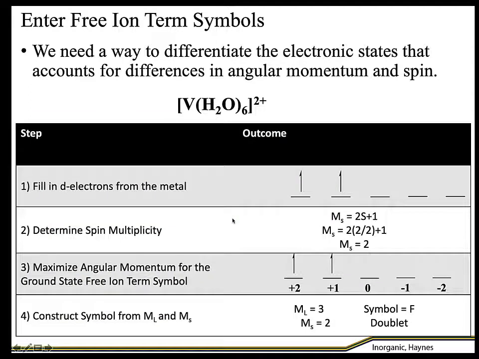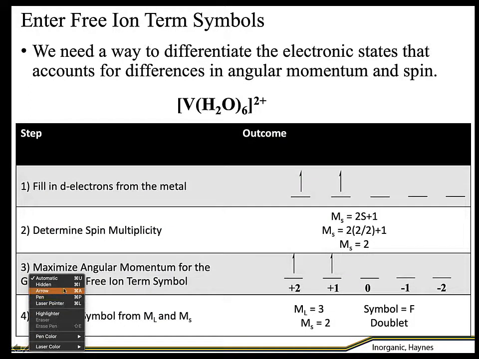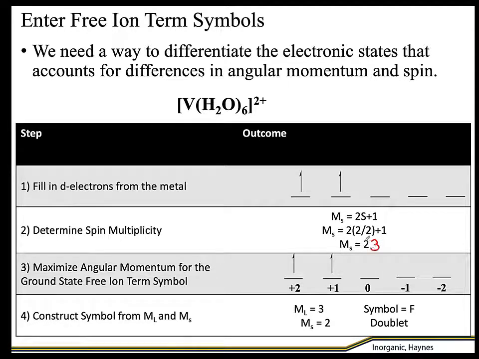Our spin multiplicity is a 3. So our capital M sub S here should be a 3, right, and not a 2, because I can do math. I promise I can do math. And so we have this capital M sub S, which is a 3. So this means this is a triplet state, right? It is a triplet state.